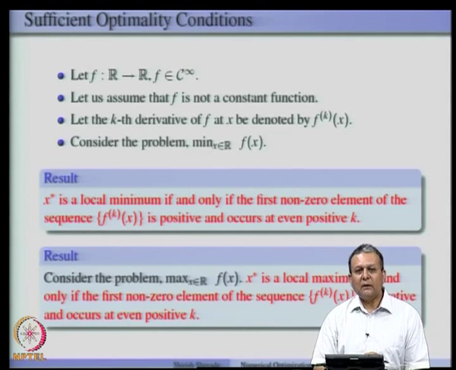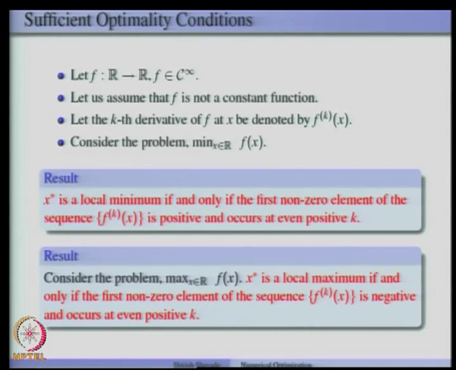So, if you consider the example of f of x equal to x to the power 4, you will see that x star equal to 0 is a local minimum of that function, and the first three derivatives at x star are 0 and the fourth derivative is positive.